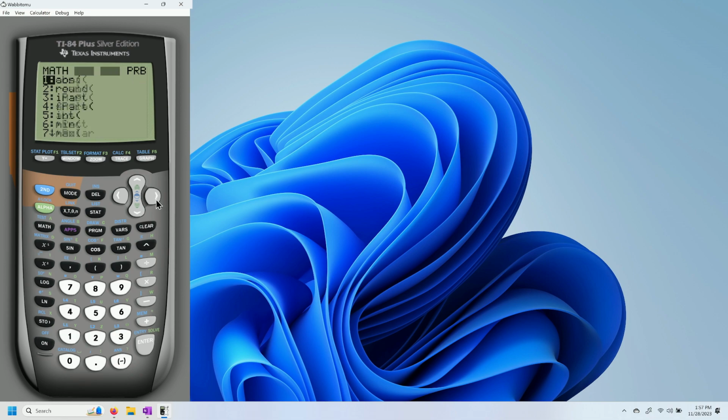So we're going to scroll over, and if you look down here at option number 4, there's your factorial button right there. So, for example, 5 factorial. Oops, sorry, wrong button. 5. Go over to here. 5 factorial is 120. 8 factorial is 40,320. So you can see factorials get very big very fast. And that's because you're multiplying these numbers together.